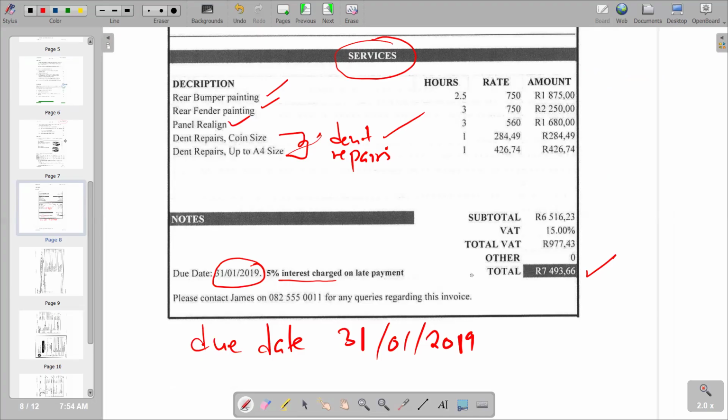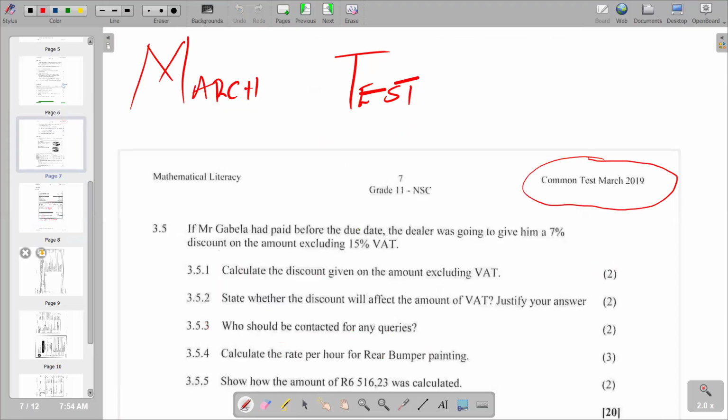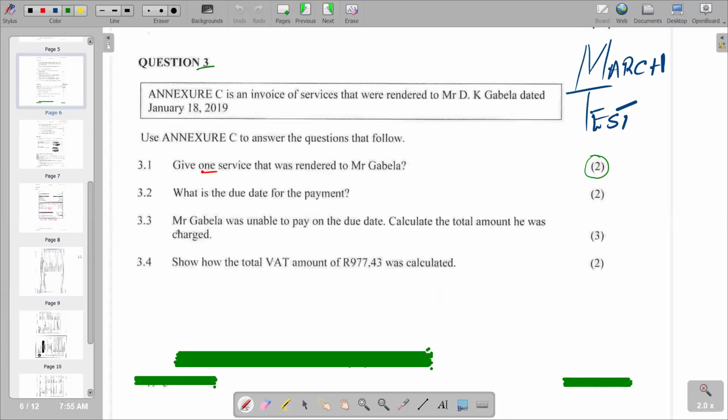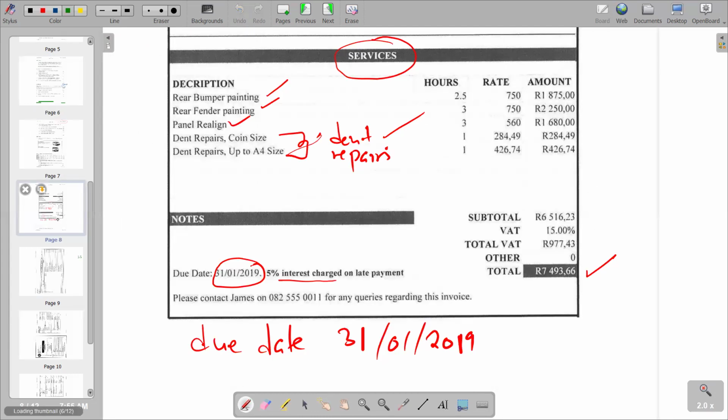So for our calculation, we can see how we are going to go about it. So we are saying we have got 3.3. We just refer to the invoice, 5% is interest charged.